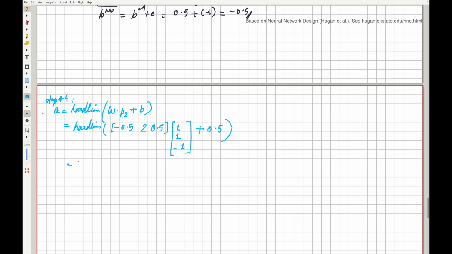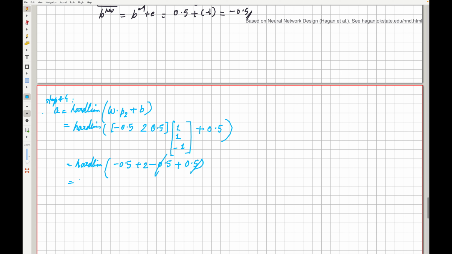So what do we get? Hardlim, and this is going to be minus 0.5, minus times 1 is minus 0.5. So let me just write it out: minus 0.5 plus 2 minus 0.5 plus 0.5, and so this cancels out.